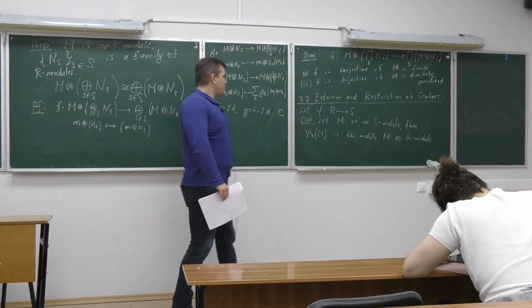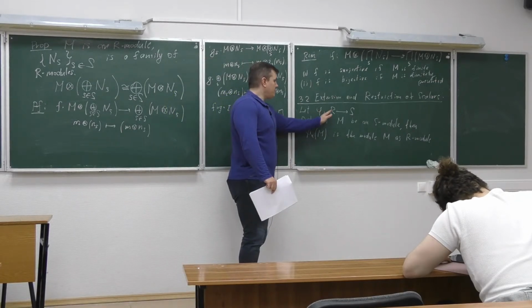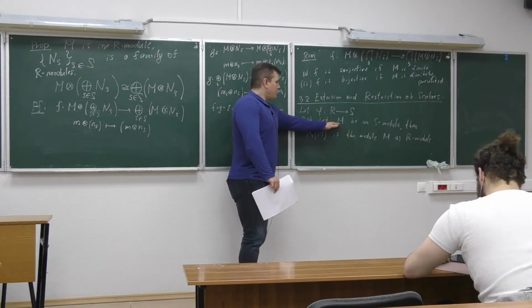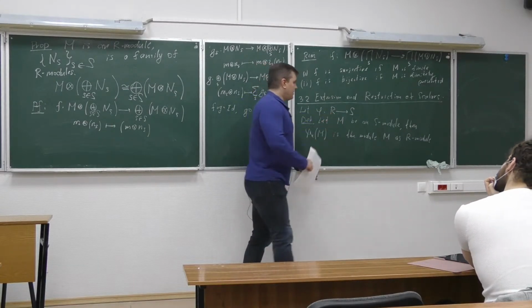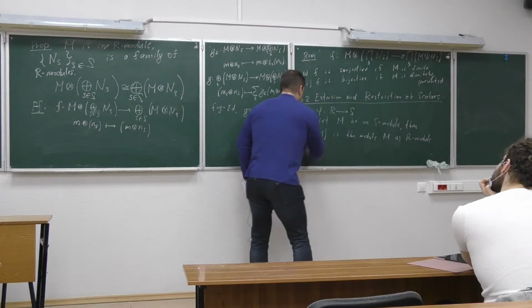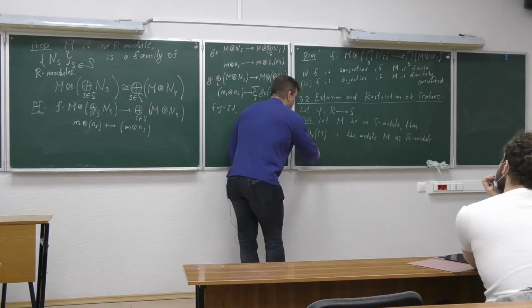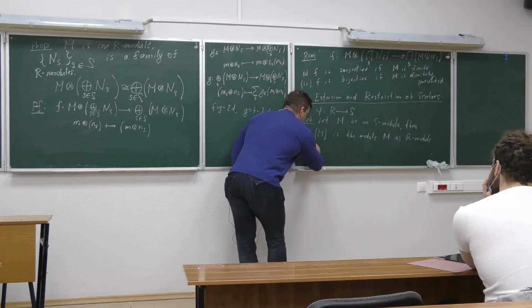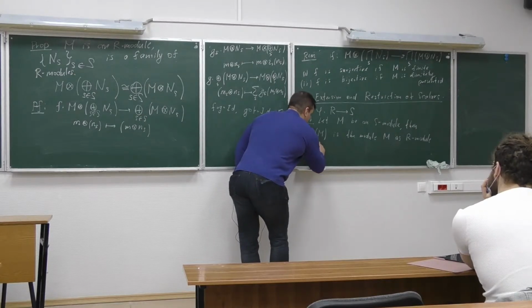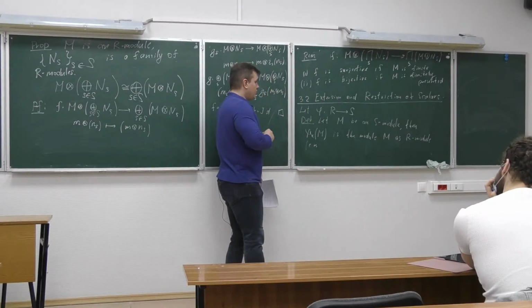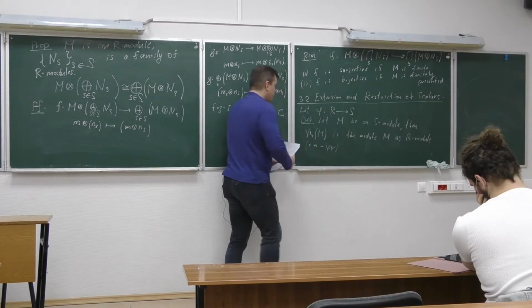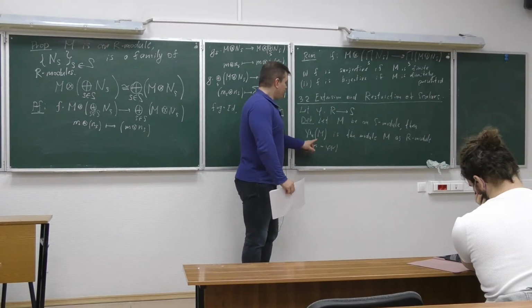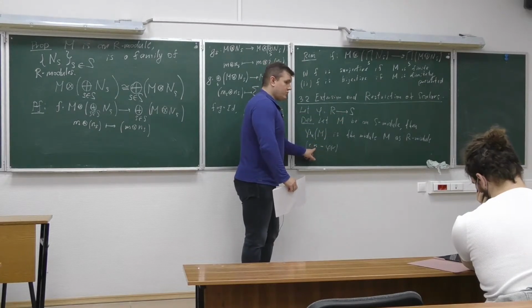In other words, we can just use this homomorphism of rings, and if you have any module M over S, you can consider this as a module over R. To understand that this is an R-module, what do you need to know? You need to know how to multiply an element from the ring R with an element m in the module. But you can do this by applying phi. You apply phi to r, this is an element of S, and you know how to multiply an element in S and an element in the module.